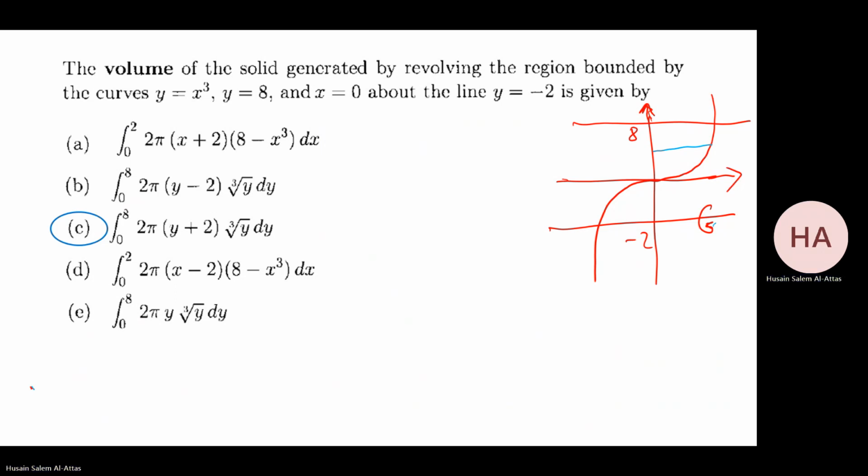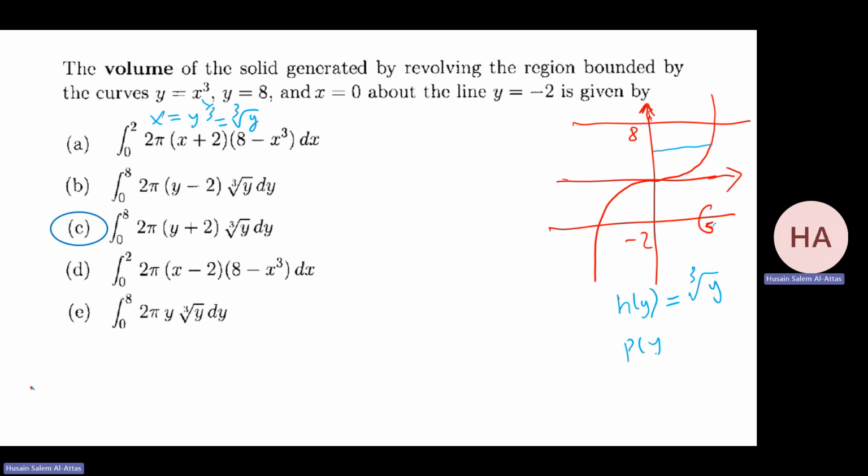So I need the height of y. The height of y will be what? I need things in terms of y, not in terms of x. So this is x equals y to the power 1 over 3, which is cubic root of y. So h of y will be cubic root of y minus 0.